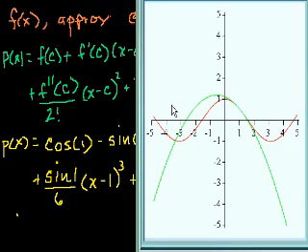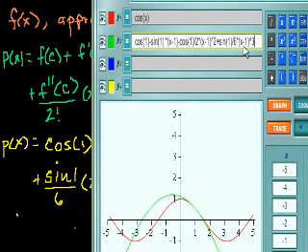But let's add another term. Let's add our third term. I can see it. It's right there. So plus sine of 1 divided by 6 times x minus 1 to the third power. Just to show you, I just typed it in right there.